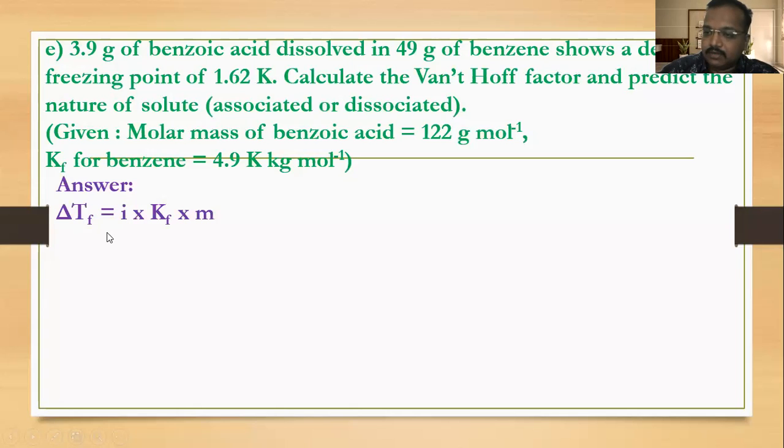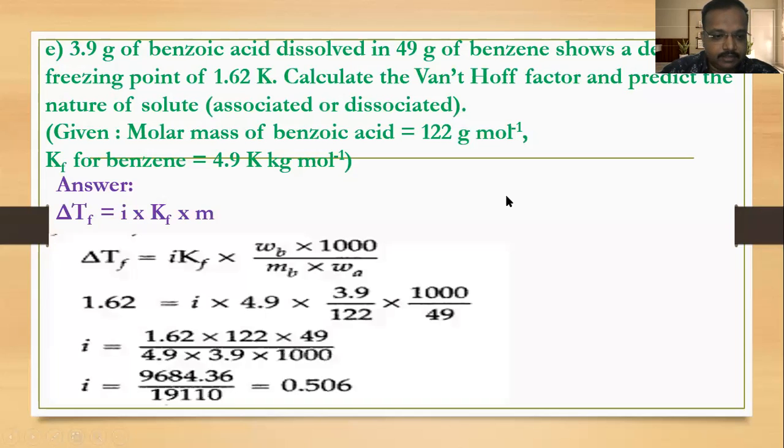Delta Tf is equal to i into Kf into m, right? Then by putting the values in the equation, m you can convert into W2. Here I have used WB and MB, or WA. These are just to help you understand that A and B are used instead of 1 and 2.